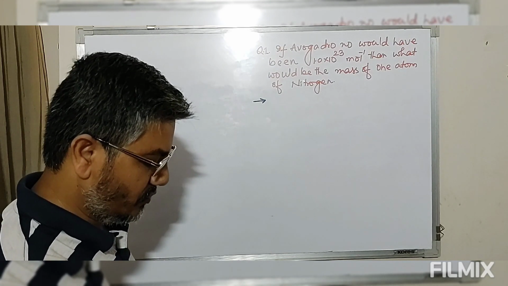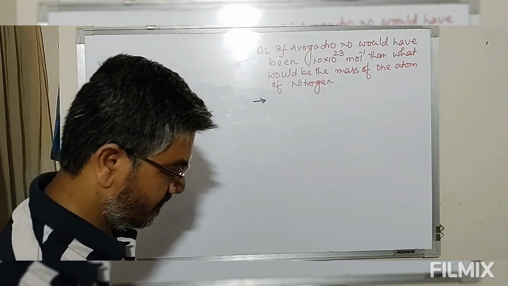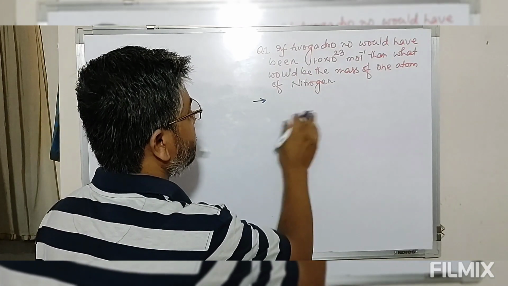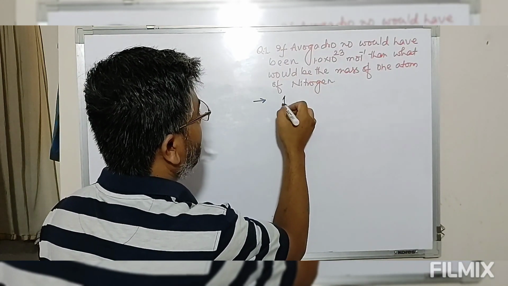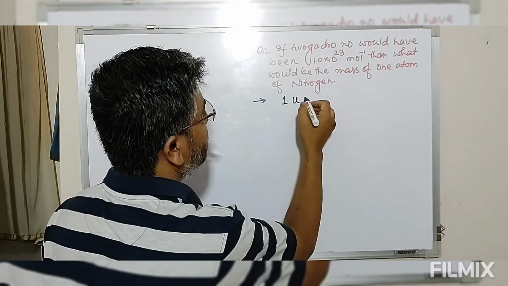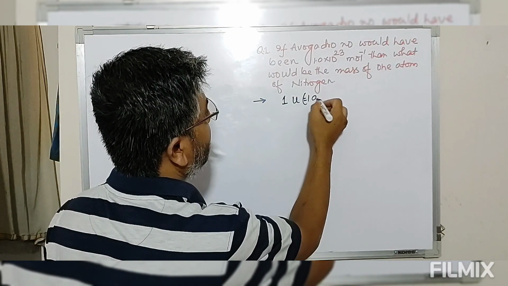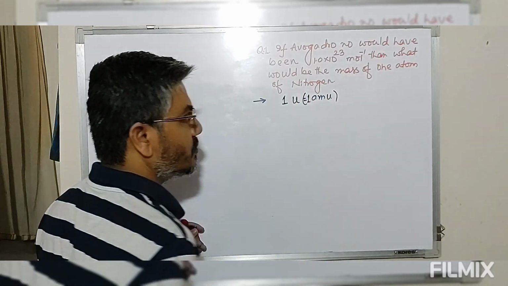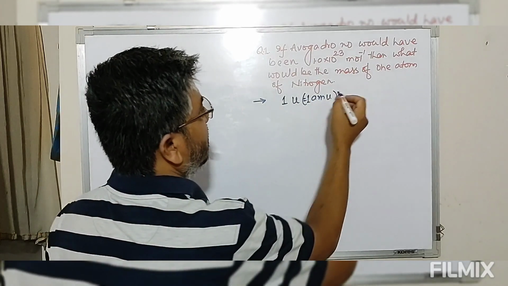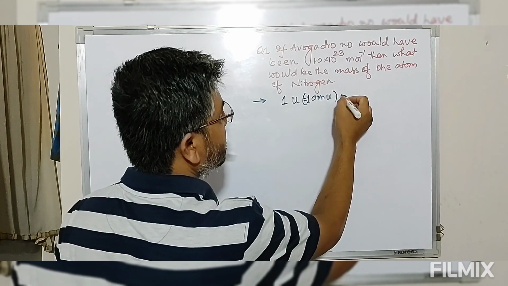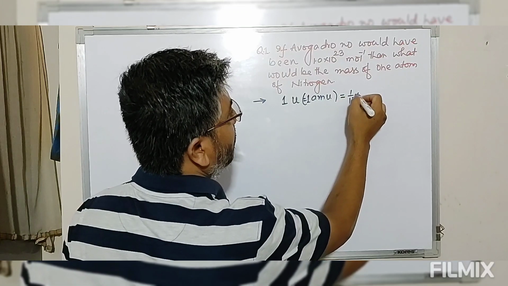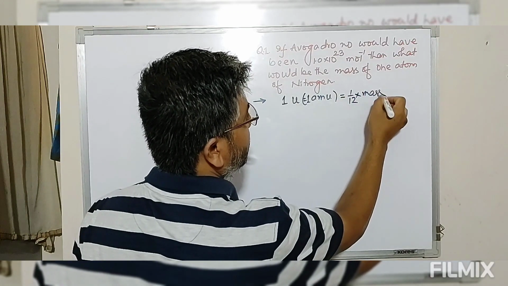So now coming to this problem, we have this relationship: 1 u, which is nothing but one atomic mass unit. We define this as 1/12 times the mass of one atom of carbon 12.